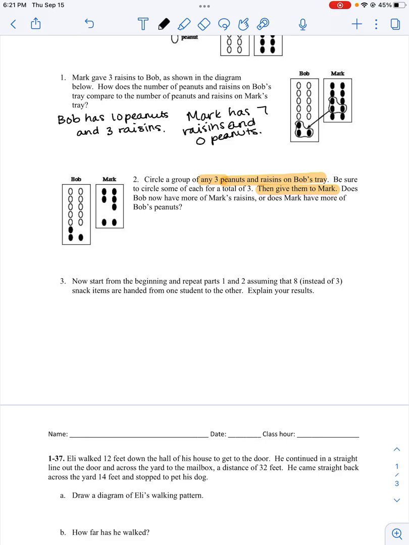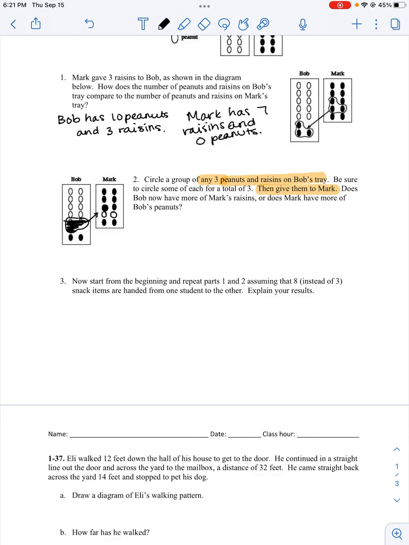I'm going to circle 2 of Bob's peanuts and 1 of the raisins that Bob has, and give them back to Mark. So Mark would have the raisin that I circled and 2 peanuts, which means Bob no longer has these, and instead he has 8 peanuts and 2 raisins.